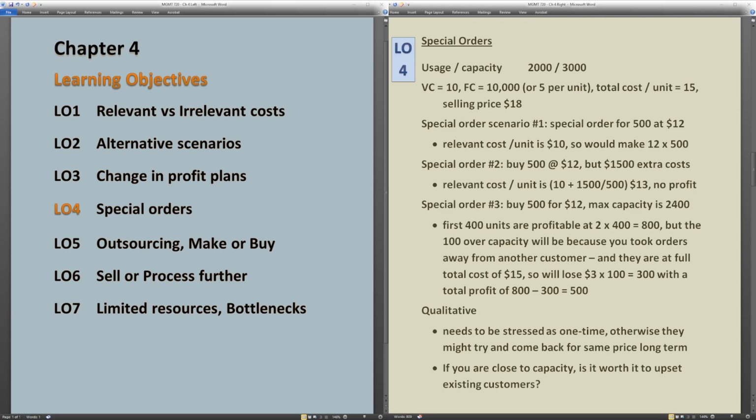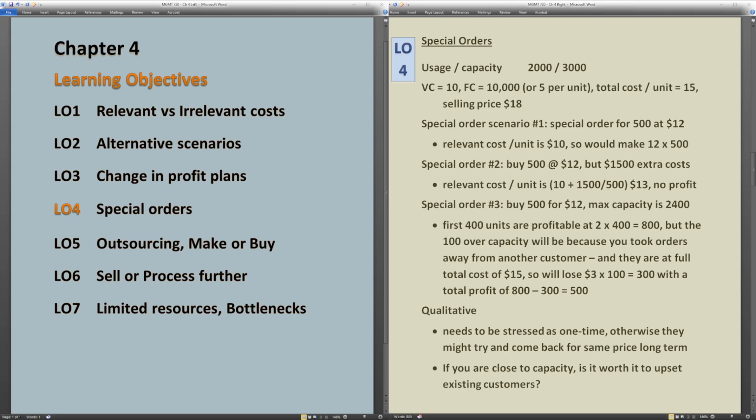And the second thing is, if we're close to capacity, is it worth it to upset existing customers? Even though by taking this special order you might end up making $500 extra, or like I say, this could be $500,000 extra if these are in thousands. Is it worth it to upset a customer that's maybe ordering a lot more or more regularly?